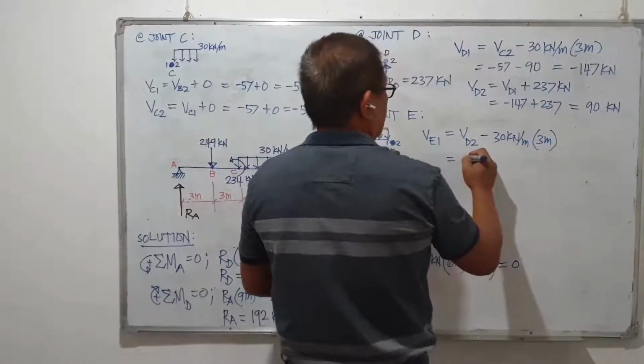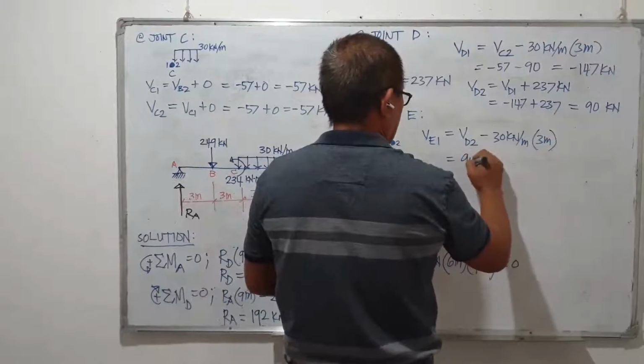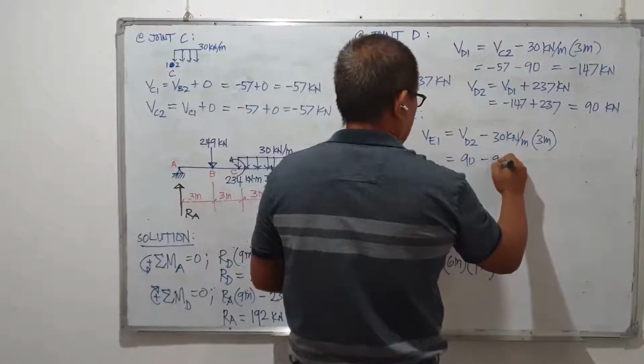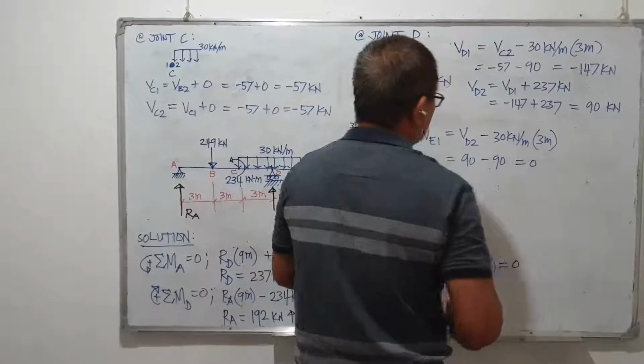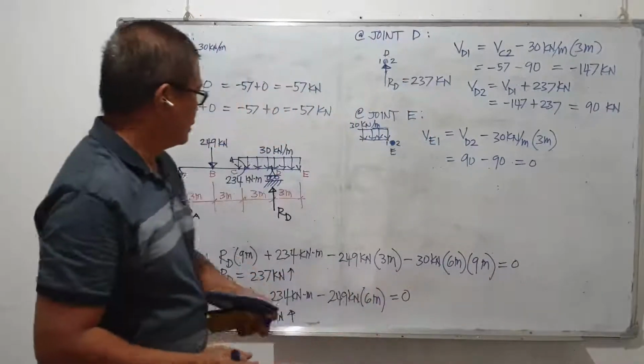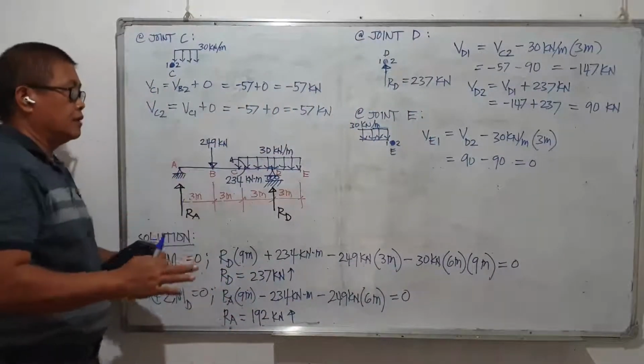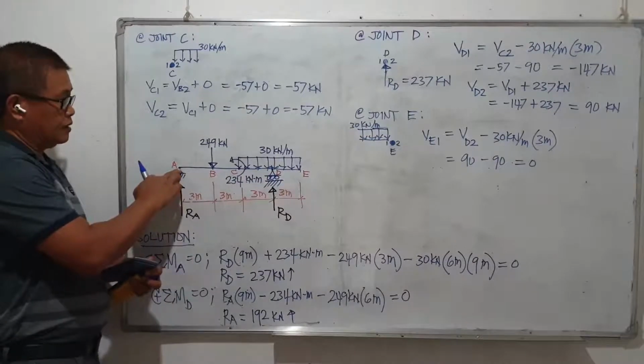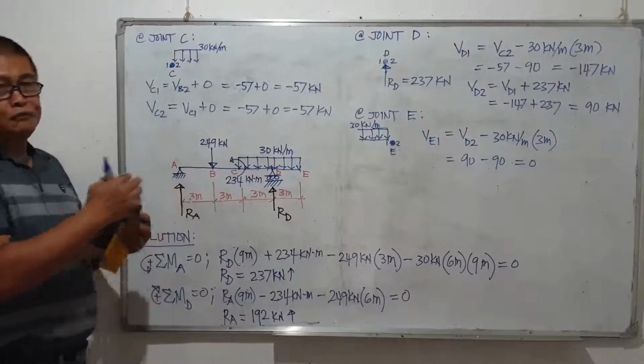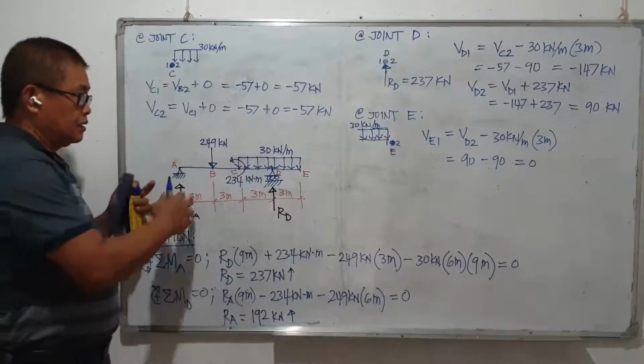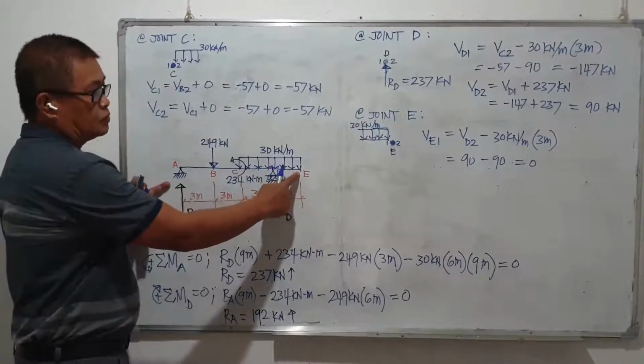This gives us V sub E is 90 minus 90 equals 0. We have to take note that the shear diagram will start with 0 at the leftmost support, and it should end with 0 at the rightmost support.